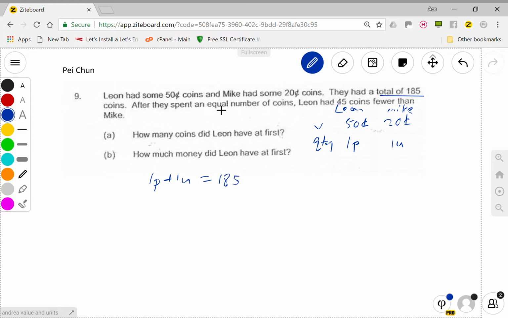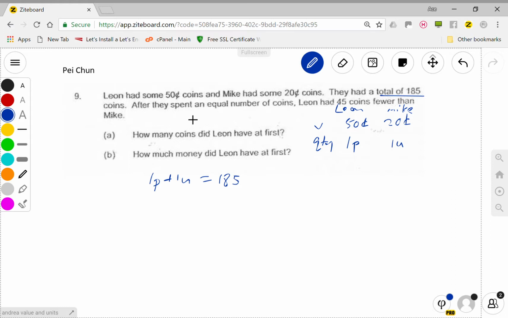And then next they spent an equal number of coins, and then Leon had 45 coins fewer than Mike. Okay, this is the tricky part. After they spent an equal number of coins.